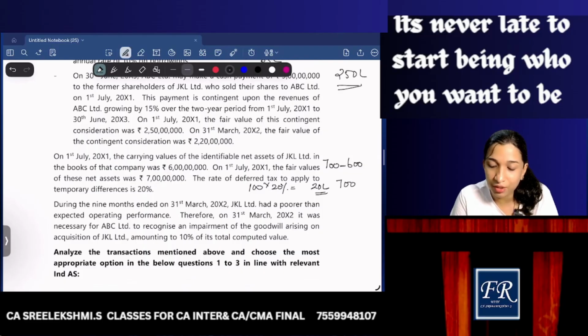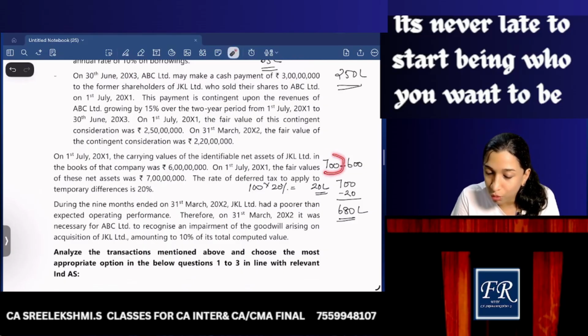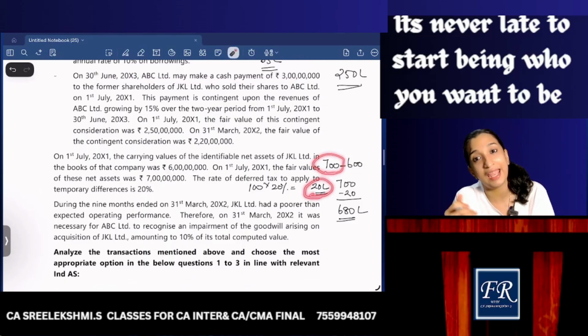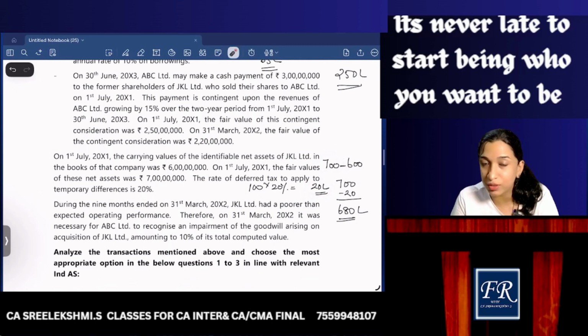So 7 crores minus 20 lakhs, 680 will be the fair value of net identifiable assets taken over. Along with 7 crores, a 20 lakhs DTL also should be taken over. So it is 680 lakhs will be the fair value of net identifiable assets.